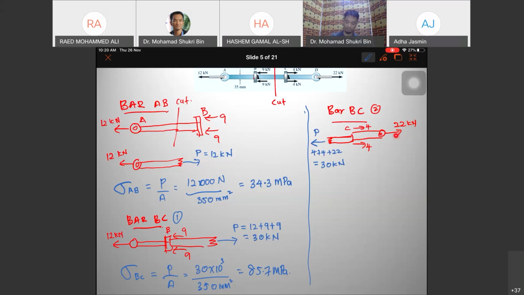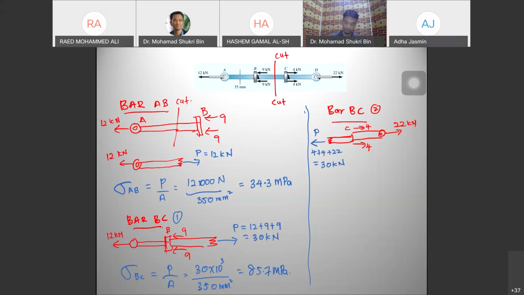So this one becomes equilibrium. Same procedure, sigma C is equal to 30 times 3 over 350 to get 85.7 megapascal. So the answer is same with this one.